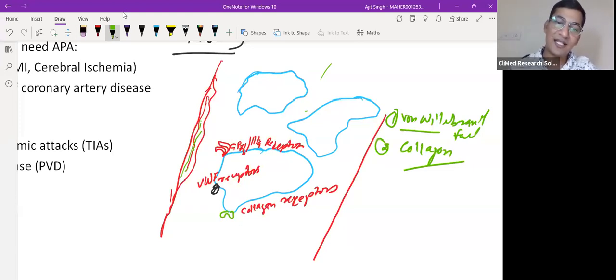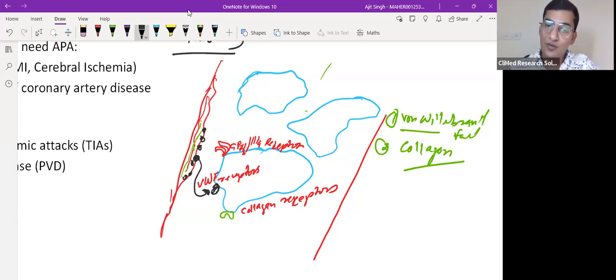So what happens is, suppose this is the von Willebrand factor, VWF, which is coming out of the injured site. This will come to the platelet at the von Willebrand factor receptor.